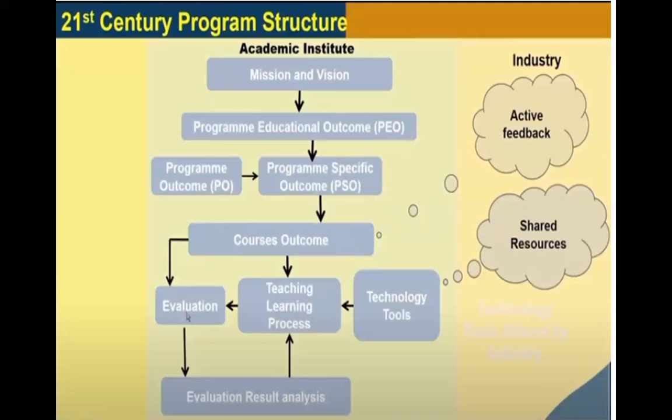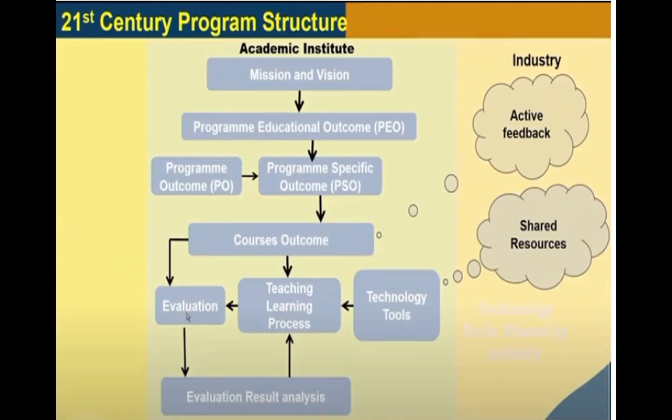With respect to NBA accreditation, program outcomes are specified by NBA. NBA is the National Board of Accreditation, and for engineering graduates it has specified 12 program outcomes.